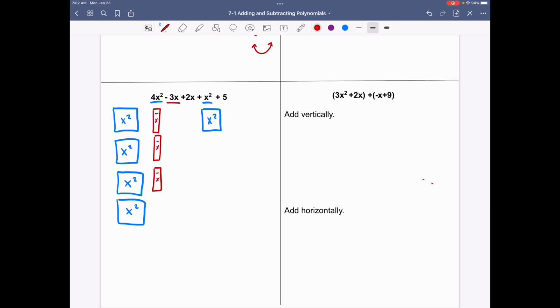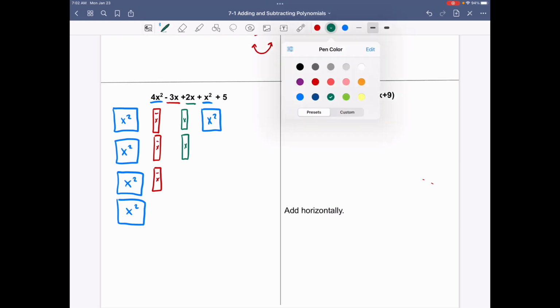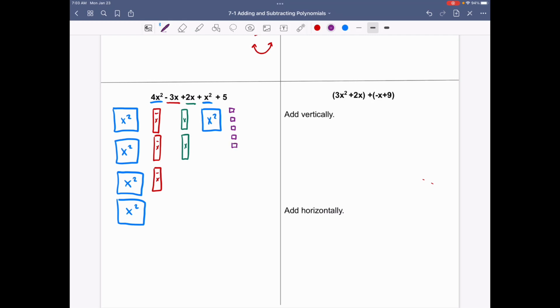But we also have a positive 2x, so I'm going to use green for that. And if you remember, a positive and a negative cancel, they become a 0 pair. So I'll show you how to do that in a minute. And then I'll use purple for the 5. Those are just 1. One little square is 1.